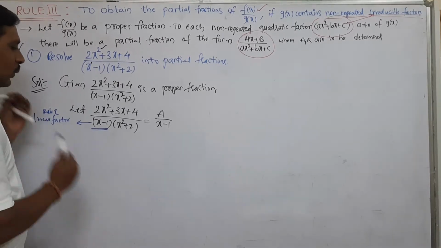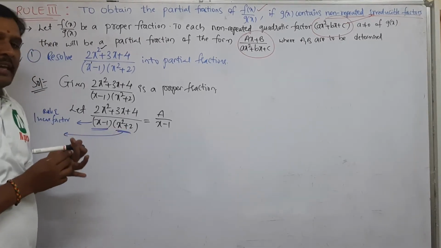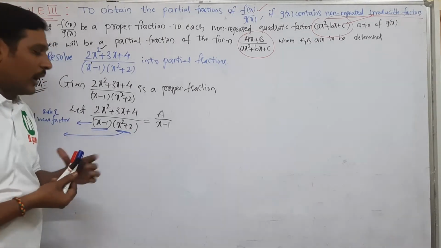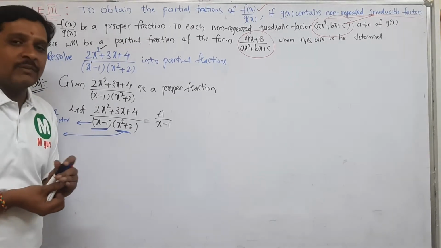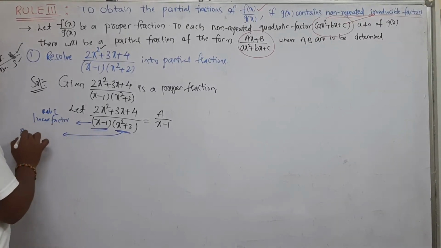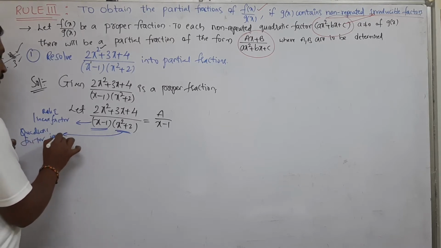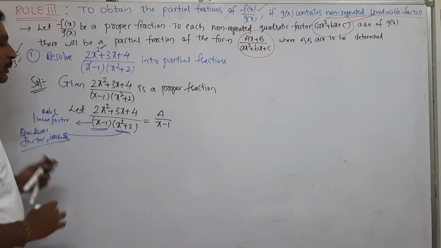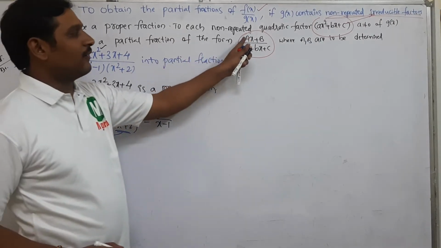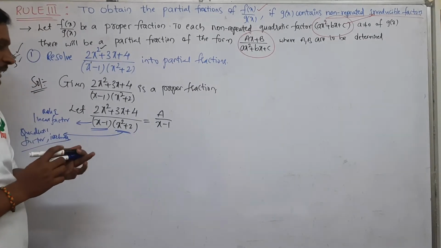Then the second one, x square plus 2. What is x square plus 2? x square plus 2 is a quadratic factor which is irreducible. So for an irreducible quadratic factor, we need to write the form ax plus b by ax square plus bx plus c.